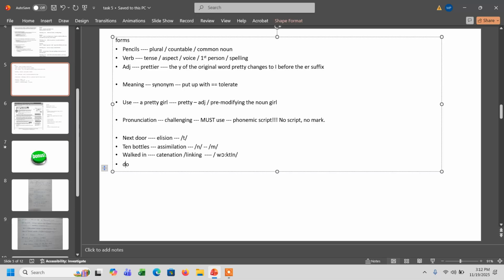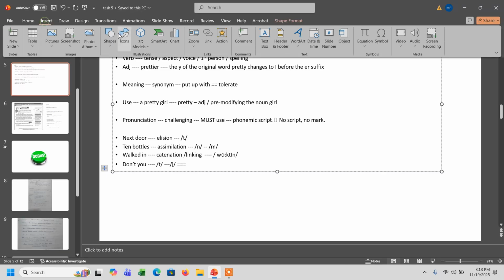And also, like in "don't you," the T sound changes to a ya sound. Sorry, I mean "don't you," T and ya, so it becomes ju, like a cha sound. How can I write it? Oh, I have nothing here, so let me draw.